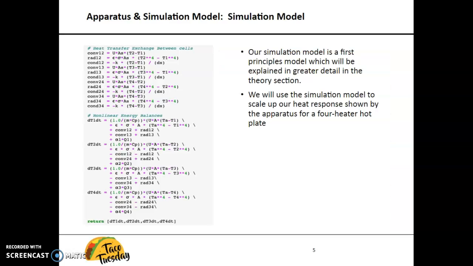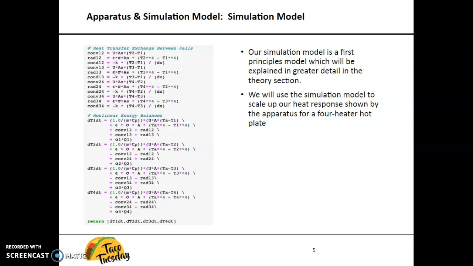hot plate. And the way we modeled our hot plate was basically with 4 cells, all having their own heater, and it was based on 3 different types of heat transfer: conduction, convection, and radiation. We set up energy balances on those 3 types of heat transfer between adjacent cells.